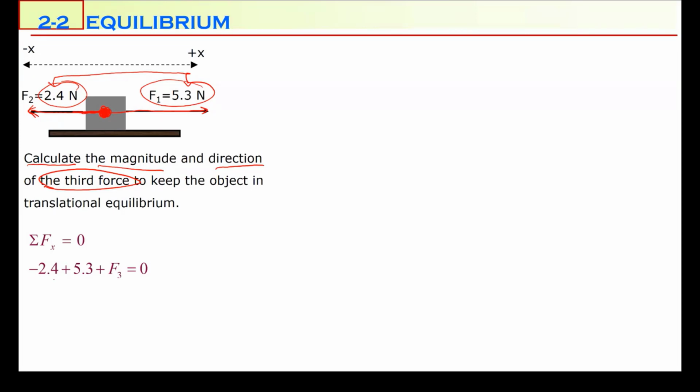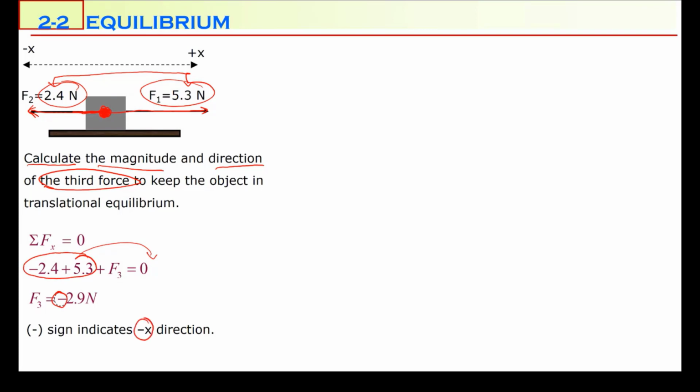So negative 2.4 plus 5.3 plus F3, if you go on, you will get F3 as negative 2.9 Newton. So this addition is positive. When you move this addition to the other side, it will be negative 2.9. This negative indicates that F3 must be in the negative x direction.